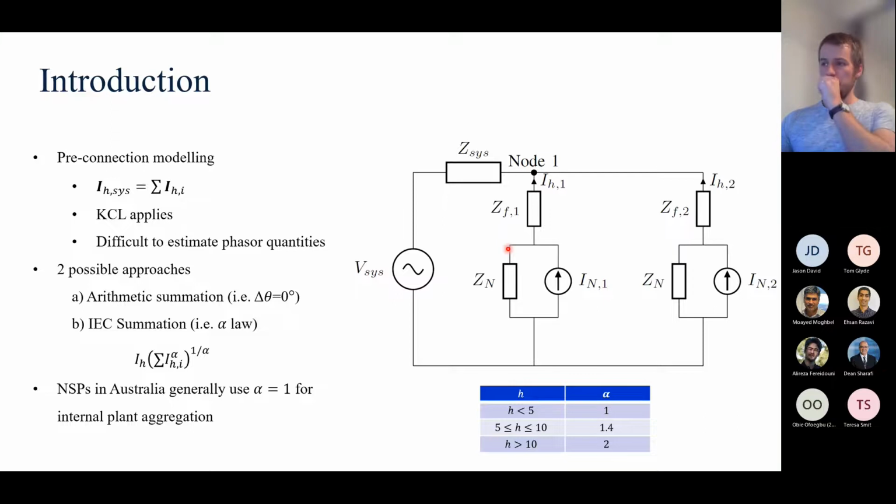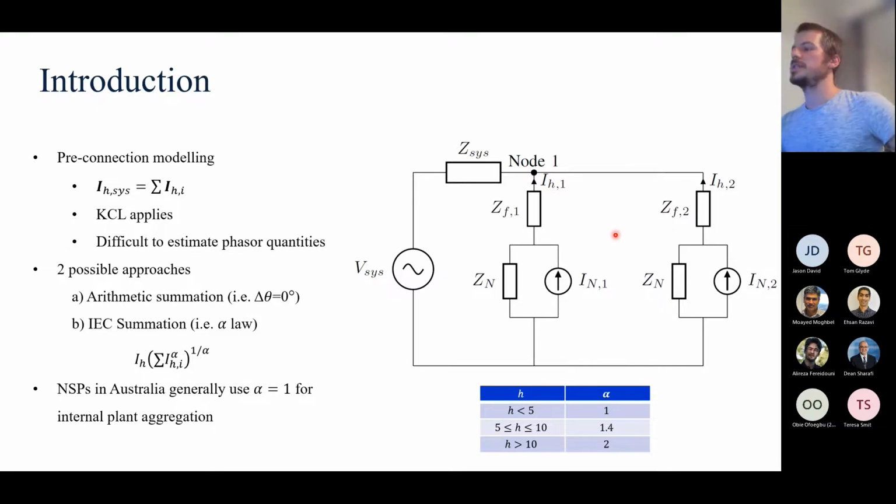If we look at the current that is actually flowing back into the system in this circuit, we've got harmonic current from the first inverter and harmonic current from the second inverter. We would assume that the current that flows into the system is roughly the summation of those two currents. Arithmetic summation, which ultimately assumes there is no phase angle difference between those currents whatsoever.